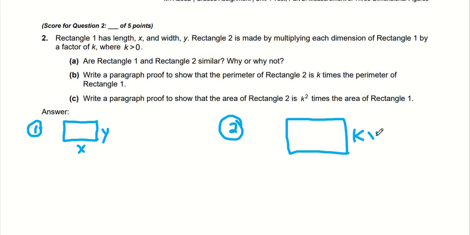So the width is going to be k times y, and the length is going to be k times x. So I'm labeling those length and width.